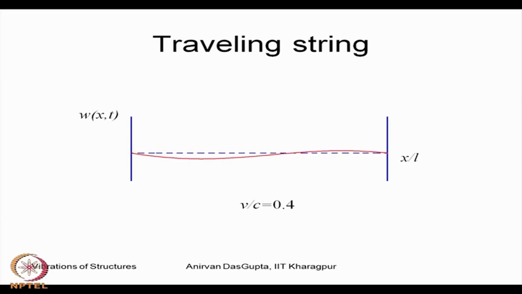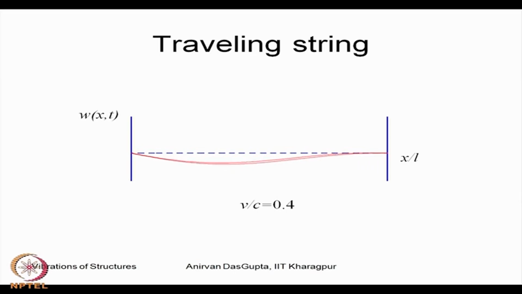There is a propagation of disturbance that you can possibly see in this. Also, 2 points of the string neither have a phase difference of 0 nor pi. That was another characteristic of the modal solution that is missing in this solution.